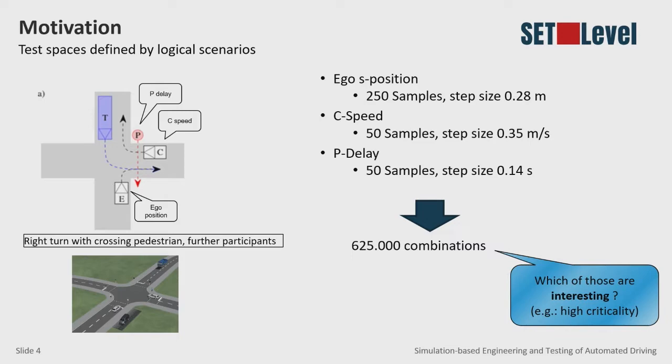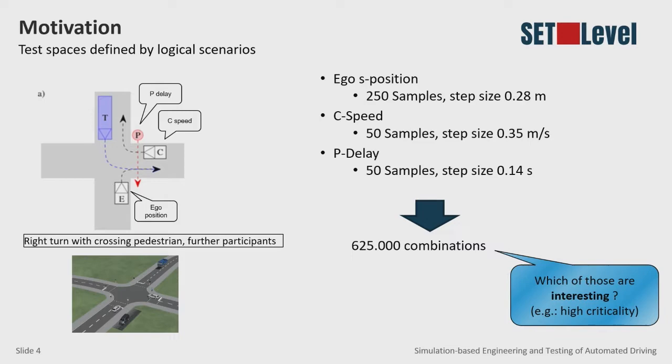And Barbara has chosen here 3 parameters of this logical scenario to vary, which are the starting position of the ego vehicle, the speed of the other car coming from the right, and the delay with which the pedestrian crosses the street.